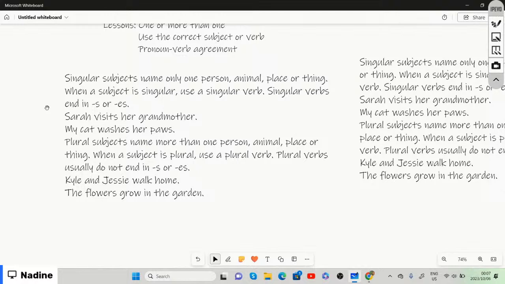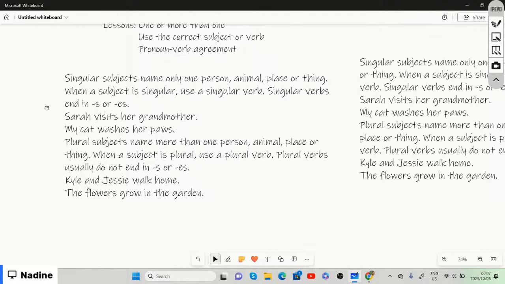Singular subjects name only one person, one animal, one place, or one thing.